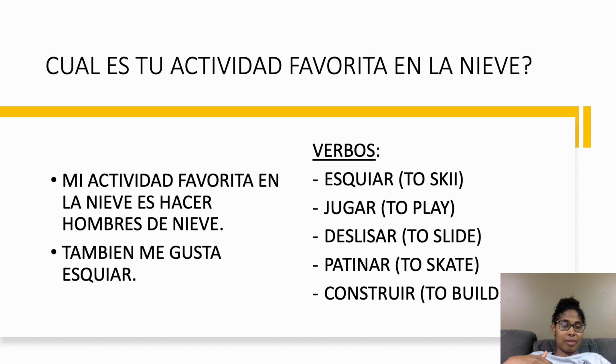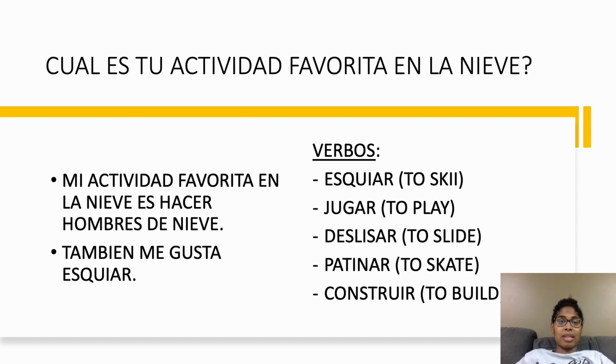So in this example, ¿cuál es tu actividad favorita en la nieve? What is your favorite activity in the snow? So here I said, mi actividad favorita, so I'm already taking most of this sentence to answer the question. So, mi actividad favorita en la nieve es hacer hombres de nieve, to make snowmen.